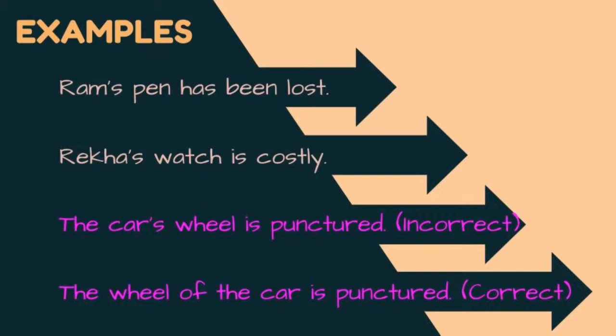So "the car's wheel is punctured" is not a correct sentence. "The wheel of the car is punctured" is the correct sentence. We have used the "of" pattern, not apostrophe s, because apostrophe s is only for living beings, not for non-living things.